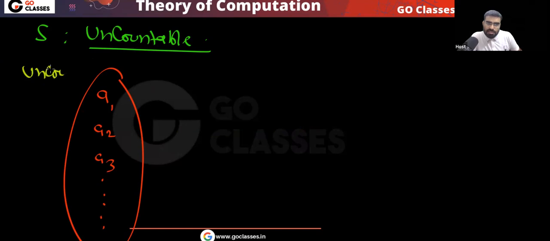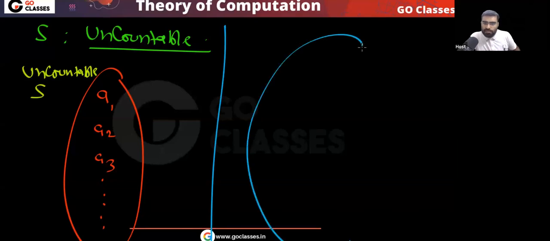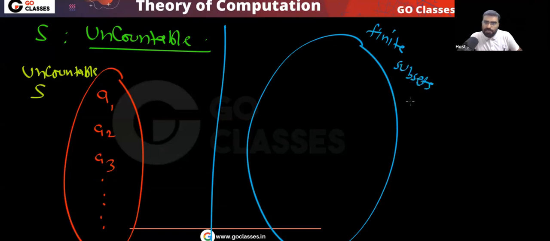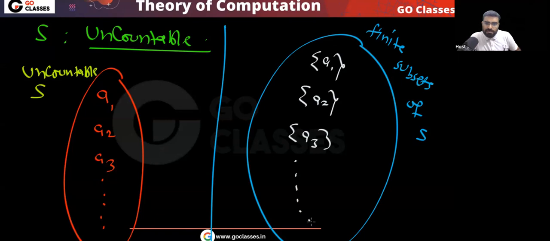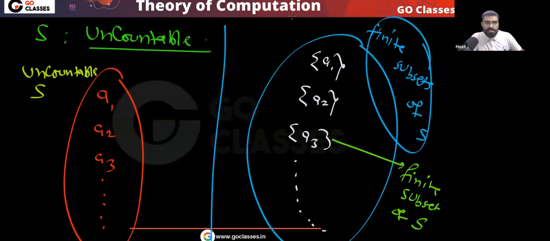Now look at all the finite subsets of S. At least these elements will be there. This is a finite subset of S. So can I say the set of all finite subsets of S also will be uncountable?